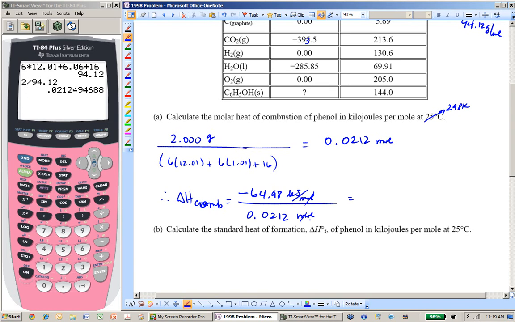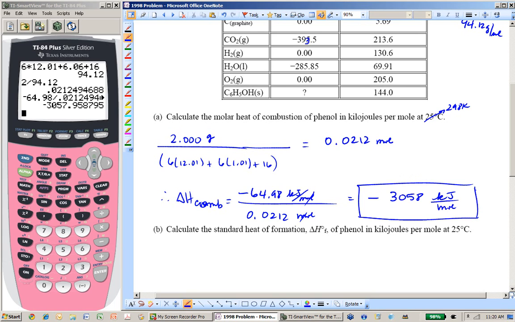Cancel, cancel. All right, so negative 64.98 divided by, go and grab it, paste it, execute the command. Negative 3058, I'm going to call that. And don't leave it naked. Naked numbers are disgraceful. Kilojoules per mole.